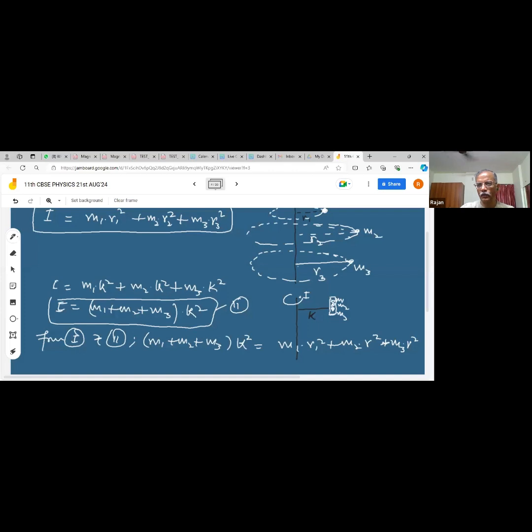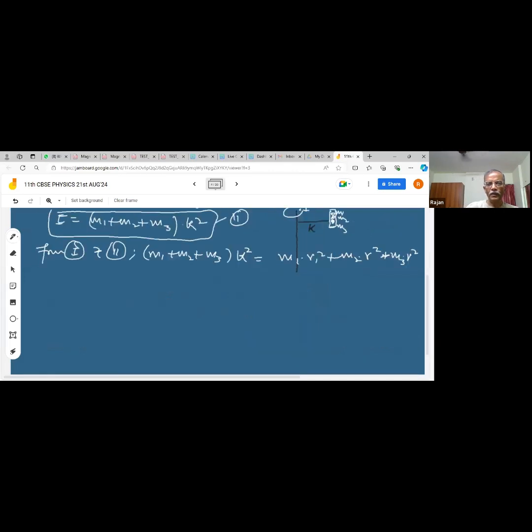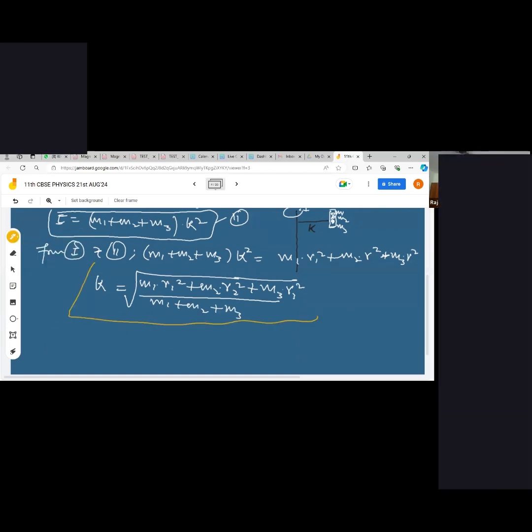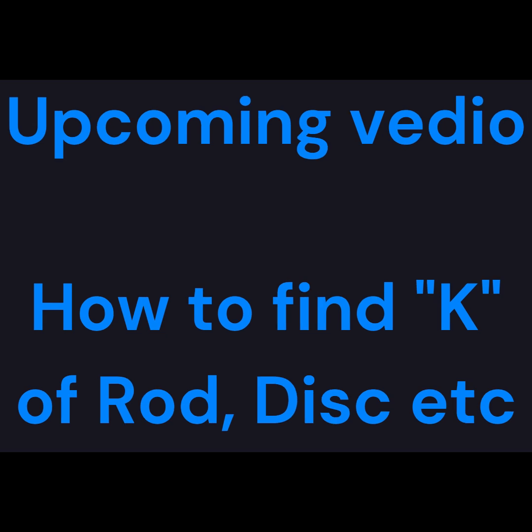So I can say my K will be, you check it, the square root of (M1 R1 square plus M2 R2 square plus M3 R3 square) divided by (M1 plus M2 plus M3). This is the way we can have my radius of gyration. How can we define it now? How can we define it?